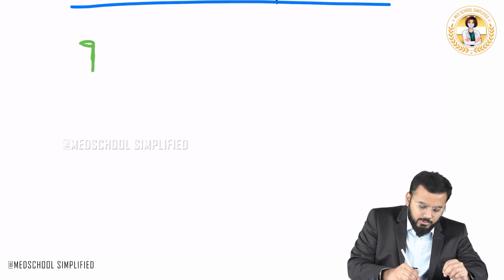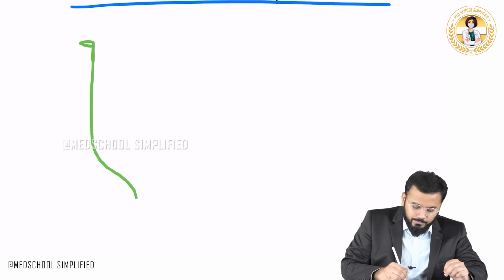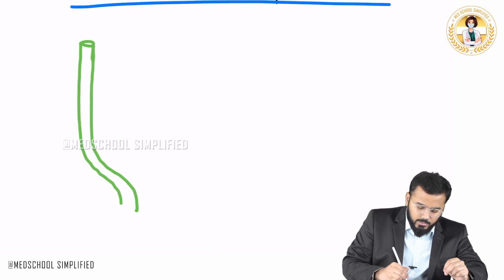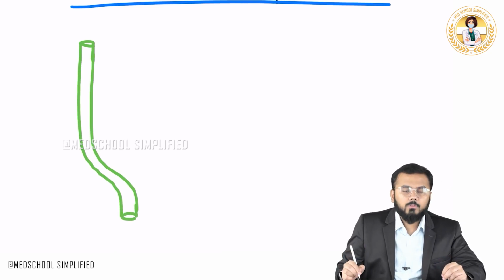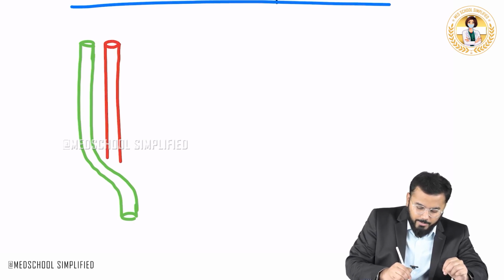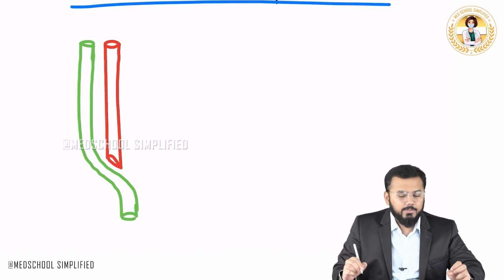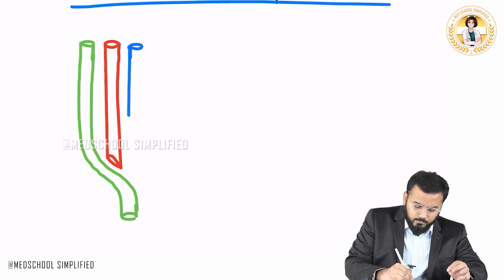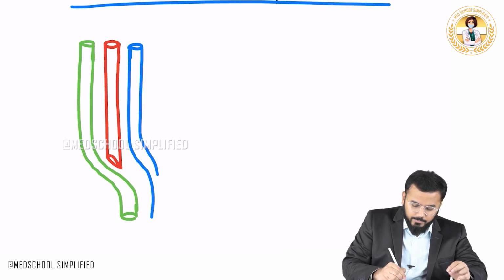So this structure which I am drawing right now is called your bile duct. After that, this artery over here which I am drawing is called your hepatic artery. And this vein which I am drawing right now is called your portal vein.